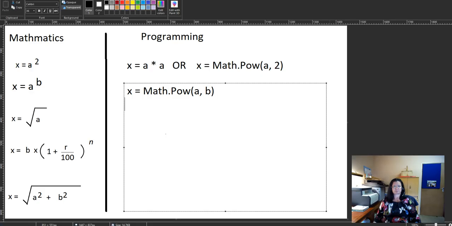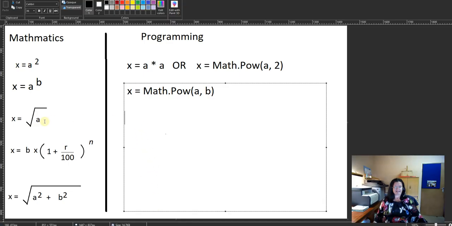Like that. So, whenever I use a mathematical function, I need to know what data to give to it, and the sequence of the data is important, and I'm going to store the result.